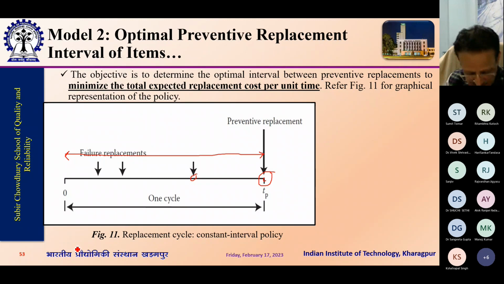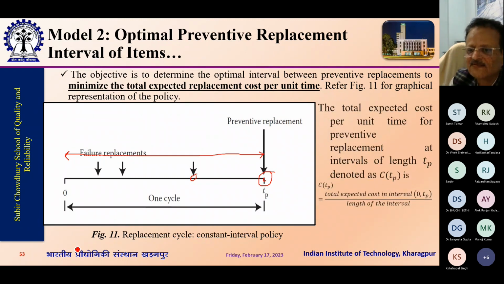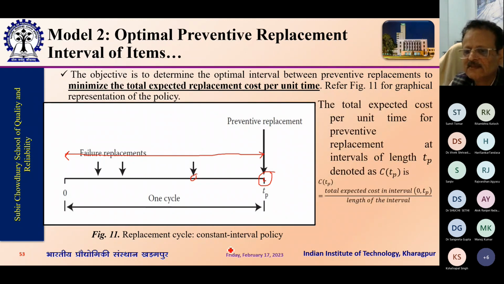Based on this, one can formulate this model as the total expected cost in the interval 0 to TP, that is this cycle. There is only one cycle, right? There is no good or bad cycle. And the length of the interval. Now you see the difference. We are not using any expected word here. Remember, the length of the interval, because once we decide the optimal value of this, that is our interval.